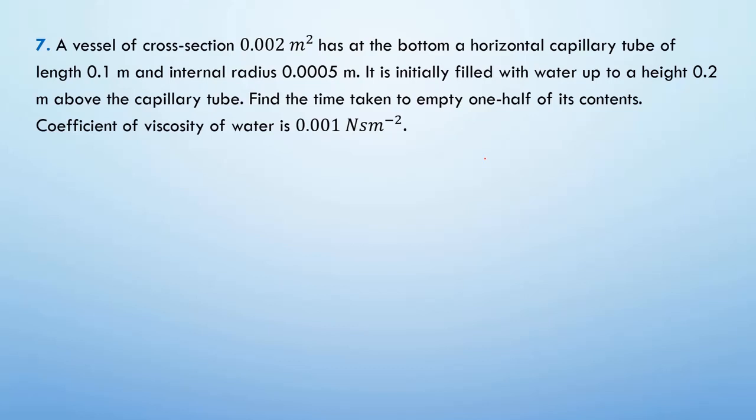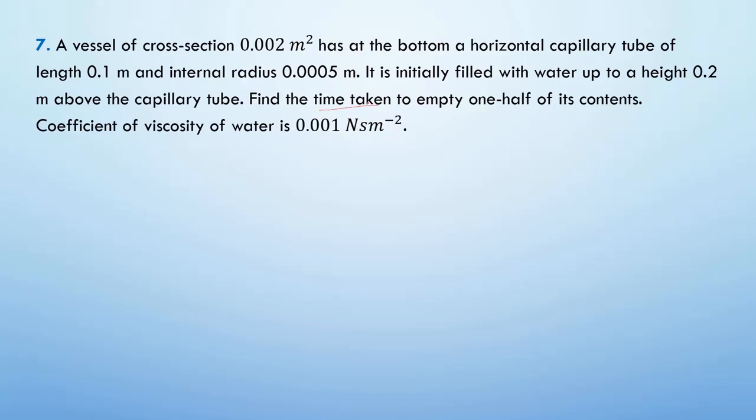Find the time taken to empty half of its contents. The coefficient of viscosity of water is also given. So let's try to understand this question clearly. What we are asked to find is the time taken. So what is the given scenario?